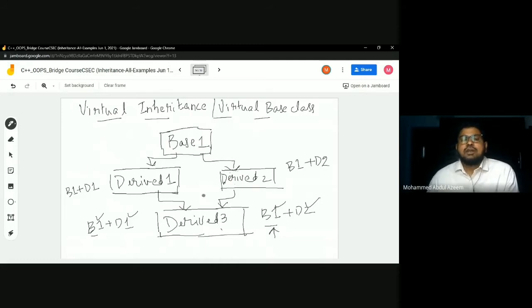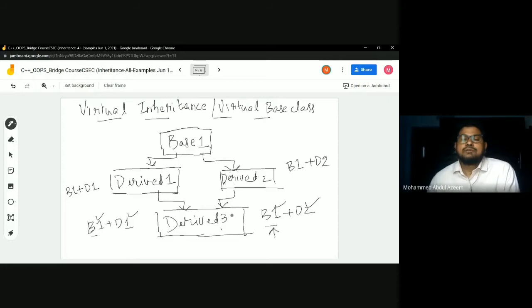Got it? So you can adopt any one of these solutions. I can go with this solution, that is by simply declaring this Base 1 class as a virtual one. That also will suffice for me, right? So when the Base 1 class is declared as virtual, then what happens? The system, the operating system, will take care of eliminating the duplicate copies when they are being made available at the derived classes, right?